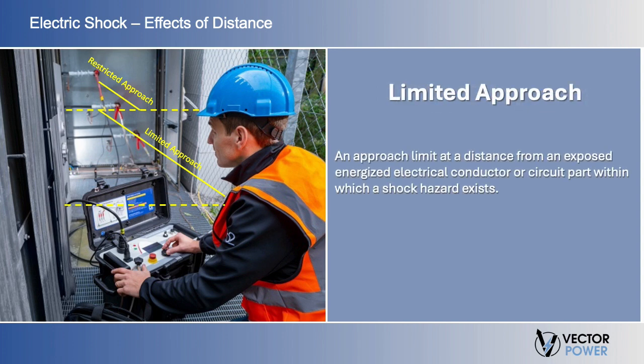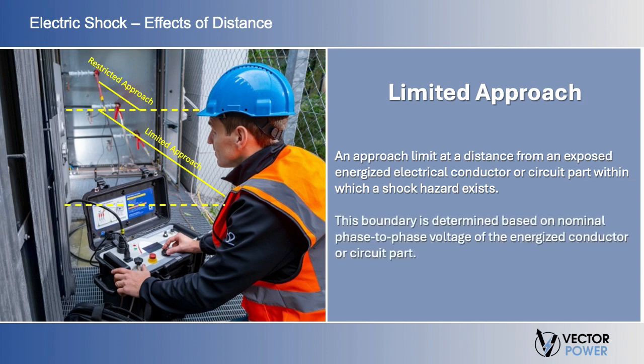This is an approach limit at a distance from an exposed energized electrical conductor or circuit part within which a shock hazard exists. This boundary is determined based on the nominal phase-to-phase voltage of the energized conductor or circuit part. Unless needed, no unqualified person shall be permitted to approach nearer than the limited approach boundary.